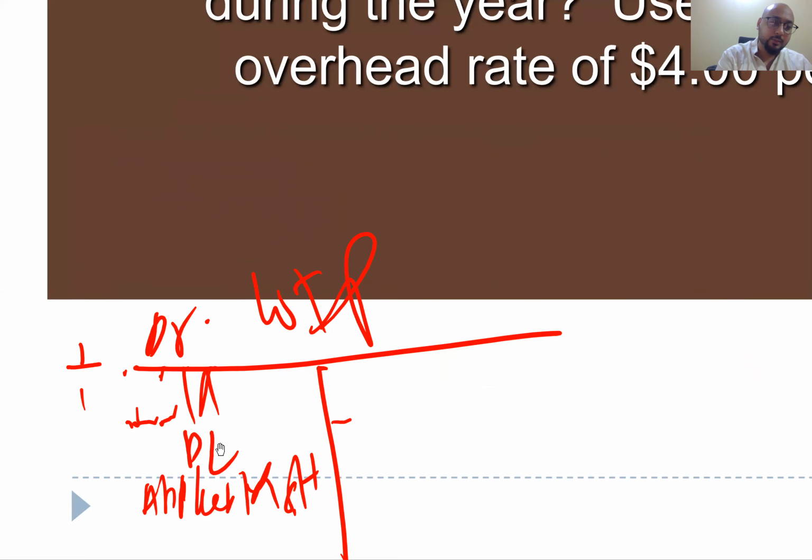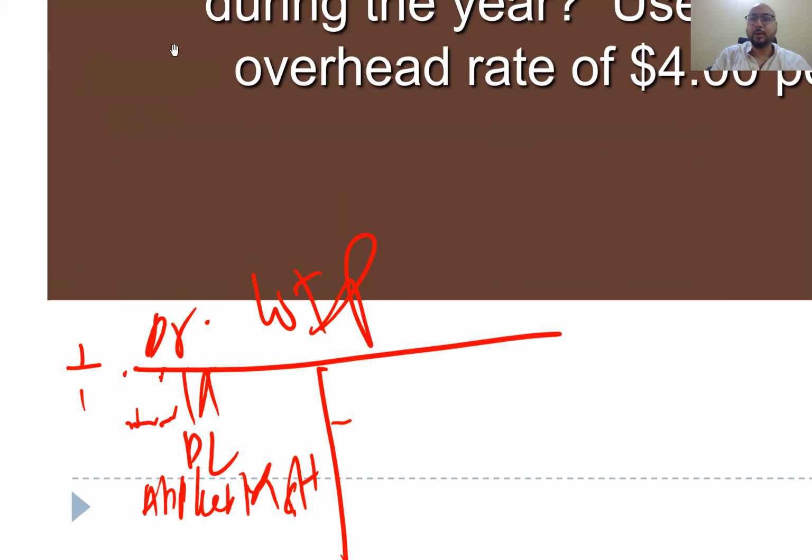Under applied. I cannot write it down because the control is not letting me do that. Here, now I can write. So you write on the debit side the under applied amount.